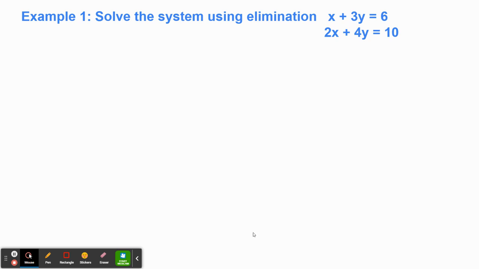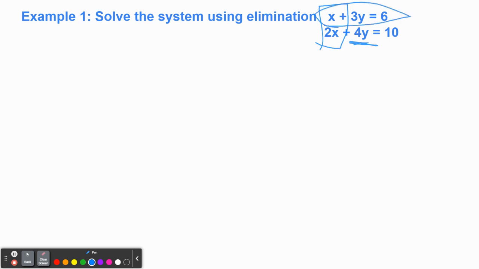Example 1. Solve the system using elimination. x plus 3y equals 6, and 2x plus 4y equals 10. Right away, I see the 3 and the 4 for the y. I'd have to multiply both, but x and 2x, I like that because I can multiply the top by 2 and go from there.